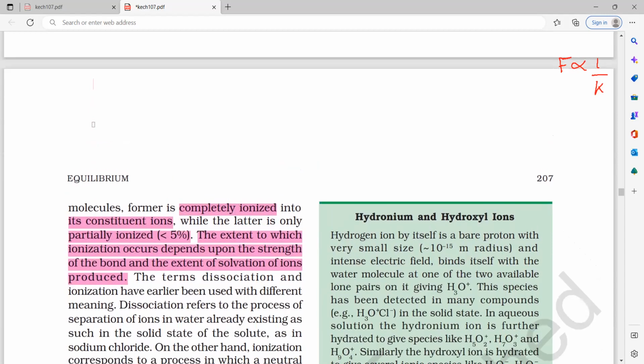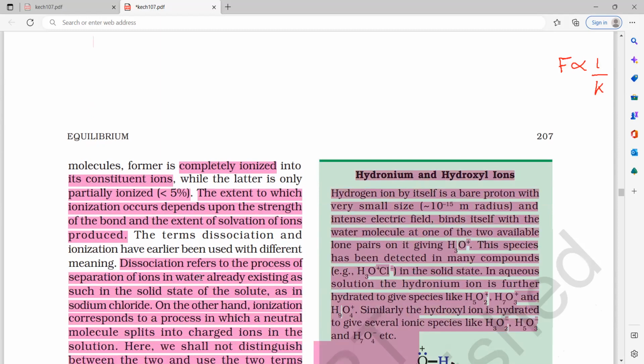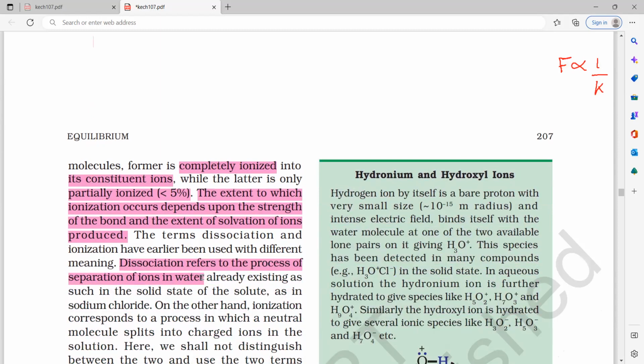The terms dissociation and ionization have earlier been used with different meanings. Dissociation refers to the process of separation of ions in water, already existing as such in the solid state of the solute, as in sodium chloride. Solute is that part of a solution which is present in lesser amount.